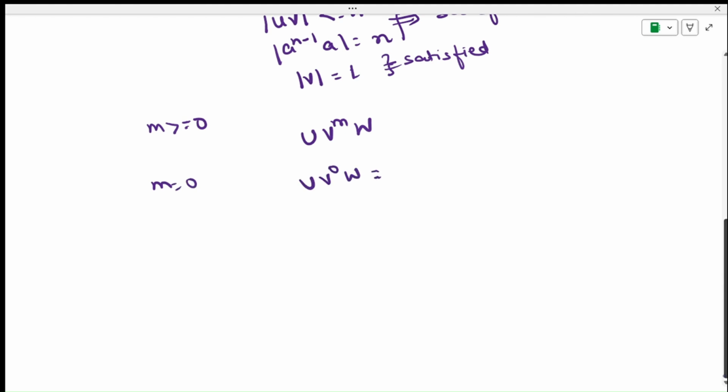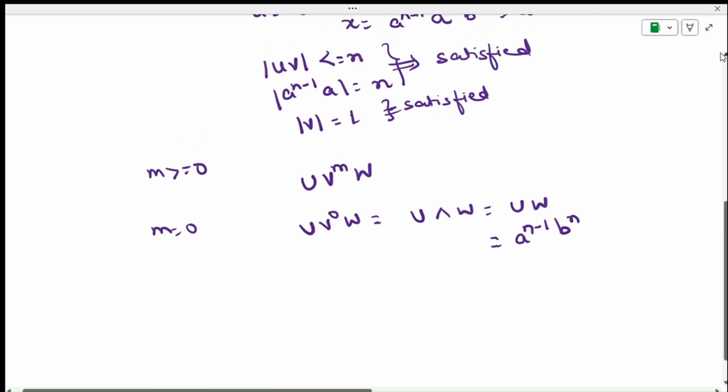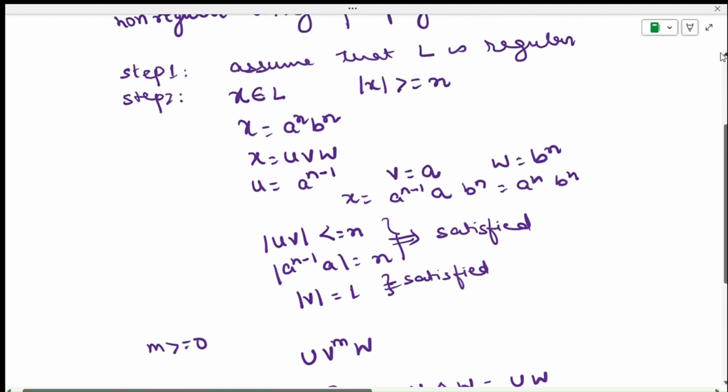This becomes u, and v raised to the power 0 gives a null string, then w, so uw. Now what is in u? U is a raised to the power n minus 1. What is in w? We have b raised to the power n. See the distribution we have taken earlier: u is a raised to the power n minus 1 and w is b raised to the power n.